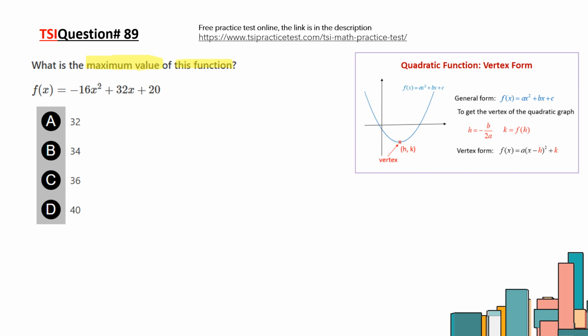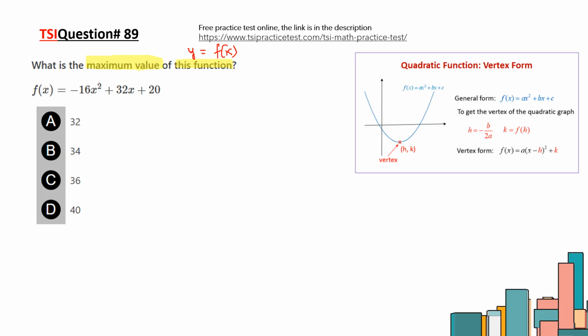So what is that asking? Is that the x value or the y value? Functions mean y value, okay? Y value means f of x. So they're asking what is the maximum value of y or f of x.